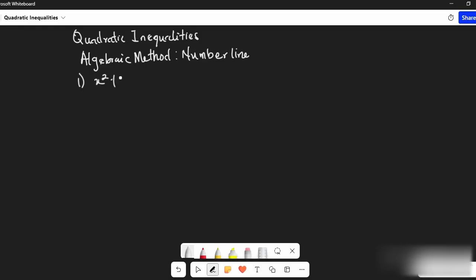X squared plus 2x is less than or equal to 15. So let's see how we can solve this.